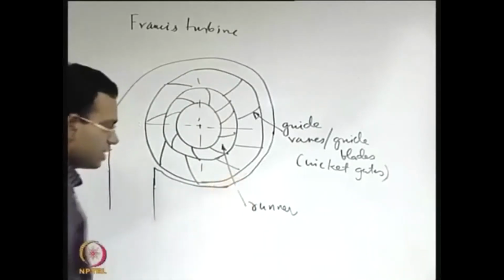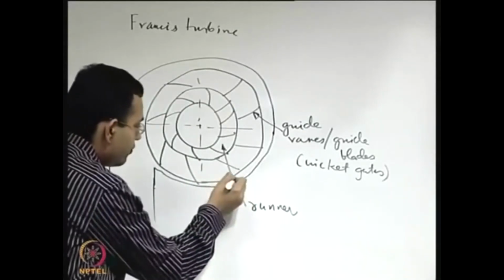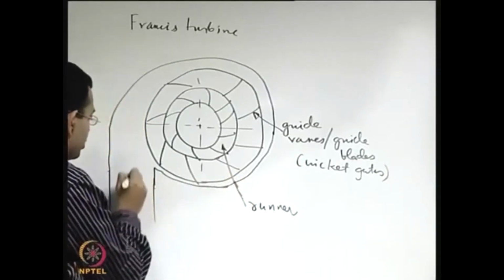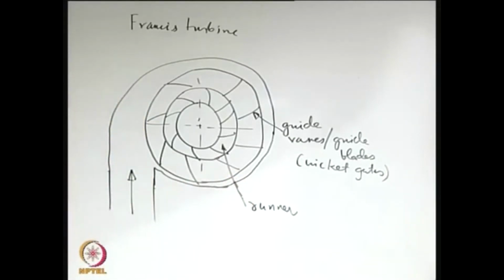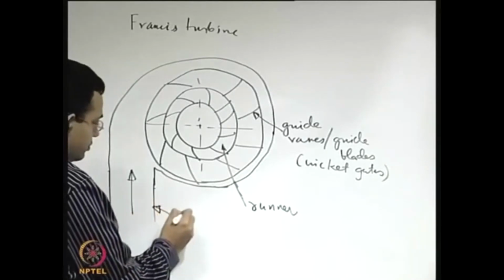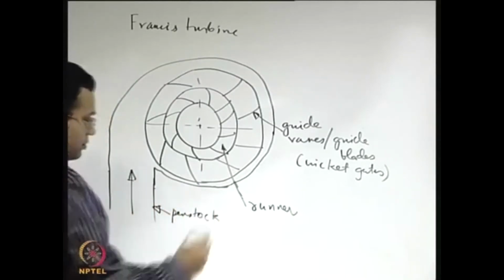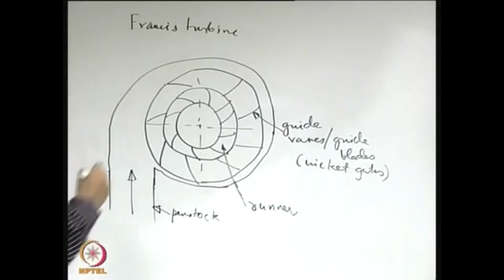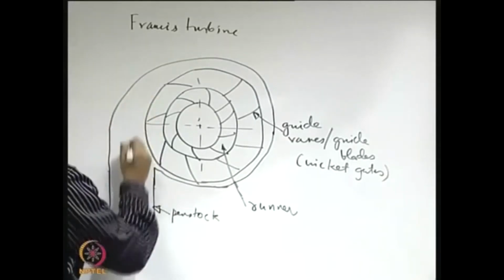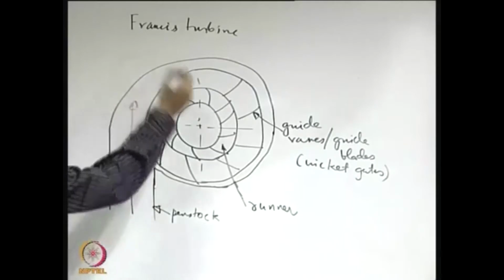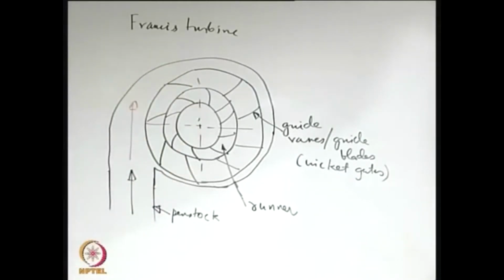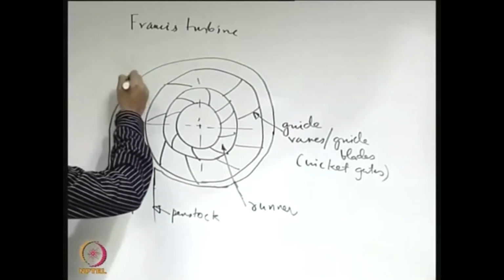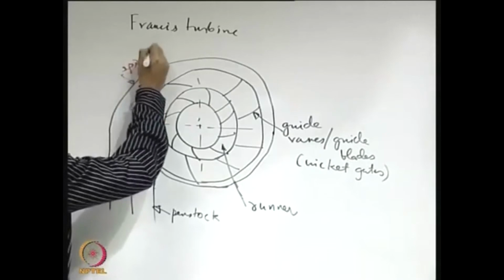If you consider the flow passage or flow path, that will be quite clear. So you have some water entering, like this is the penstock. When the water is entering like this, first of all it goes through this. So this is in the shape of something like a spiral, very much analogous to the volute casing of a centrifugal pump. So this is a spiral casing, and we will see what is the role of this one.